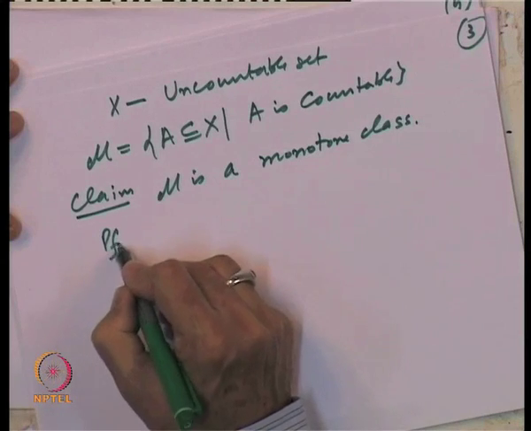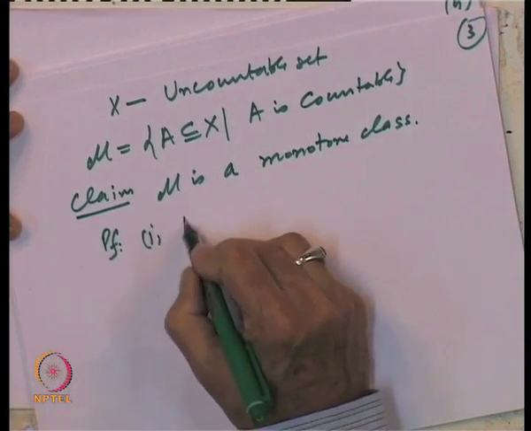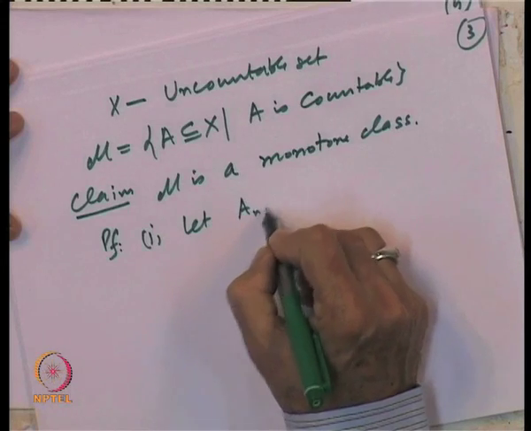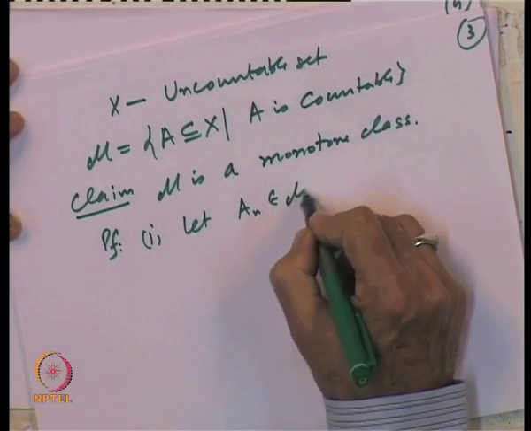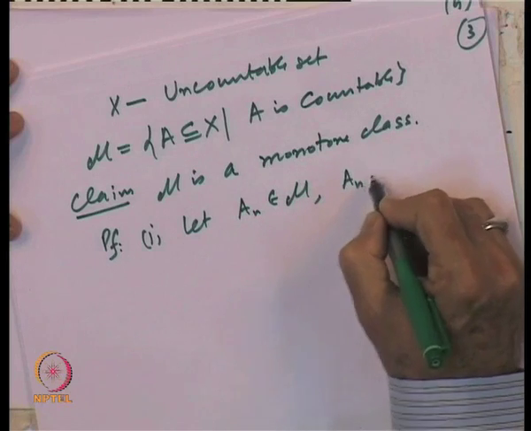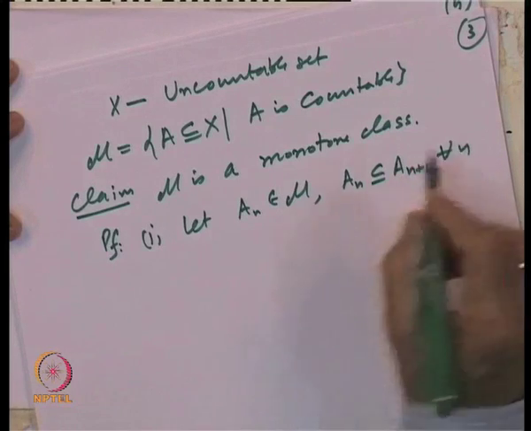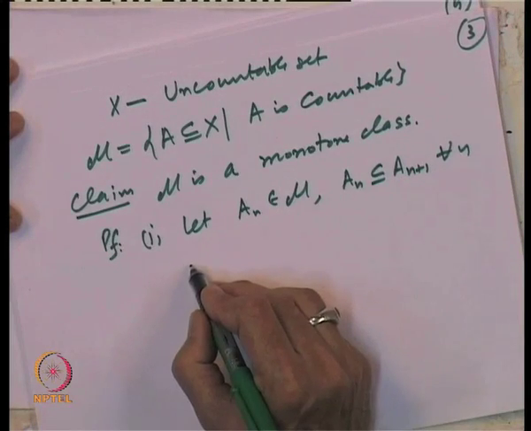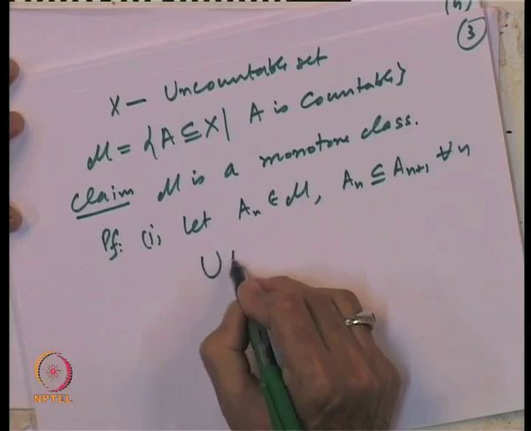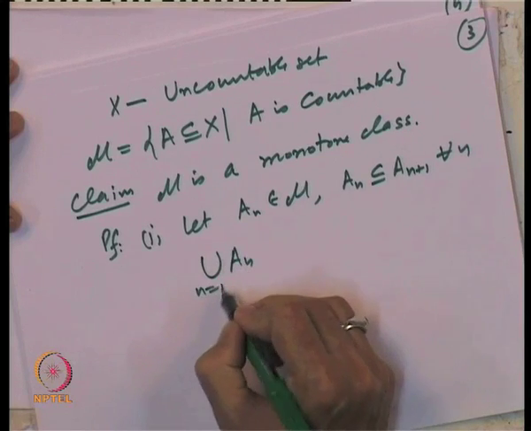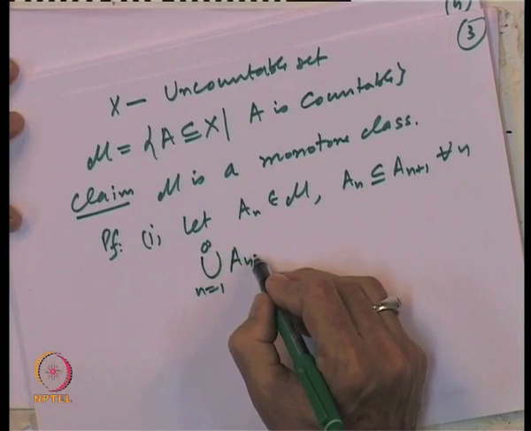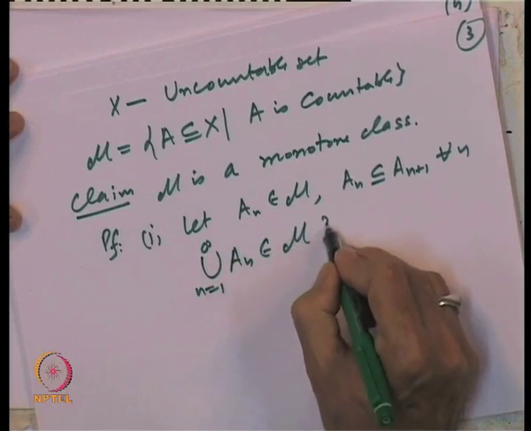Let us see how we prove it. First property. Let us take a sequence A_n belonging to M, A_n's increasing, A_n subset of A_{n+1} for every n. What we have to prove? We have to check that the union of A_n's, n equal to 1 to infinity, also belongs to M. That is what we have to check.